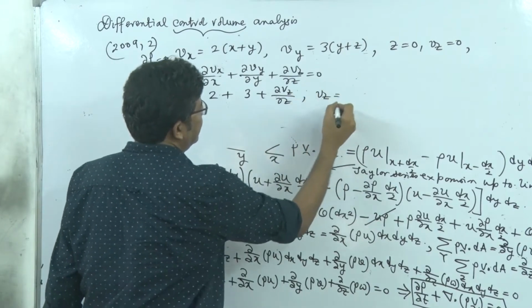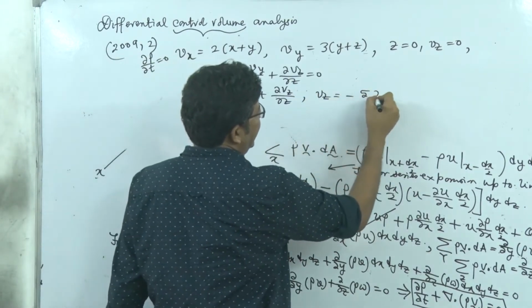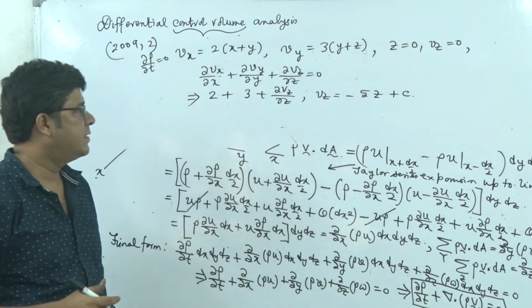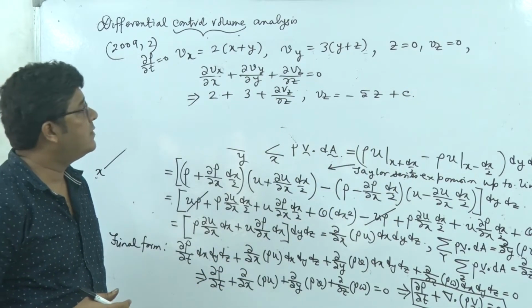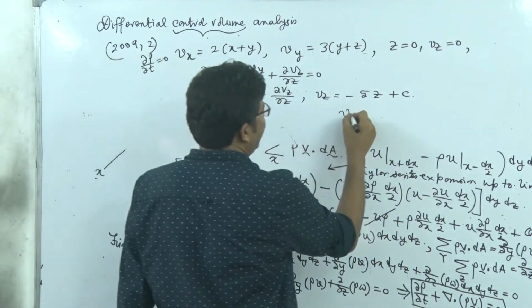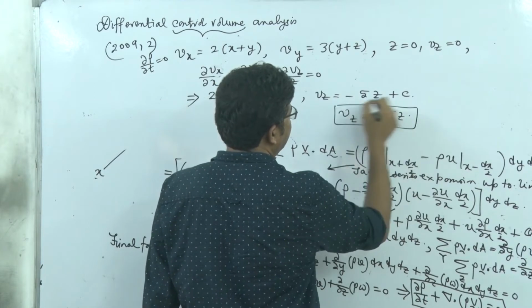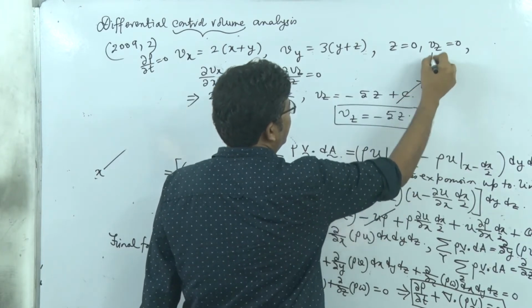So Vz is equal to minus 5z plus c. Now apply the boundary condition that at z equal to 0, Vz is equal to 0. So my answer is Vz equal to minus 5z, as c is equal to 0.